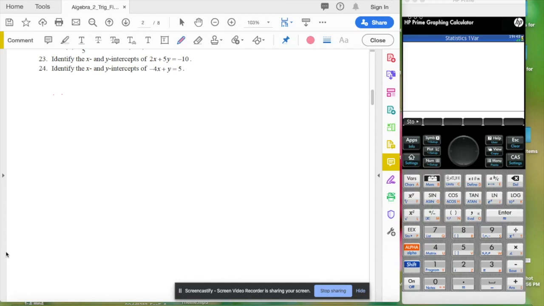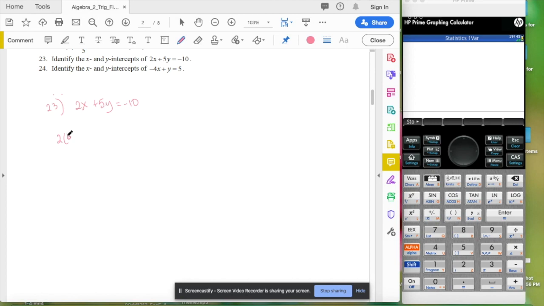All right, now we're on 23 and 24, where we're going to find the x and y intercepts of 2x plus 5y equals -10 and 4x plus y equals 5. When we're finding the intercepts, all we're doing is plugging in 0 for one variable, and then plugging in 0 for the other as well. Let's start with plugging in 0 for x.